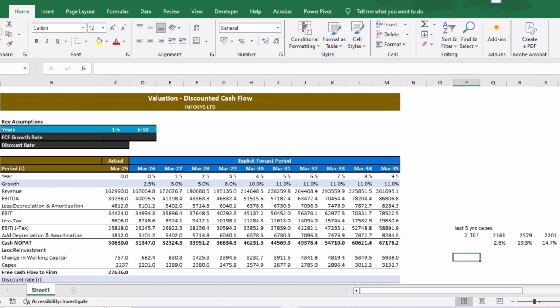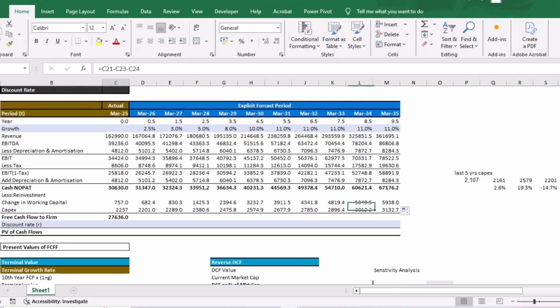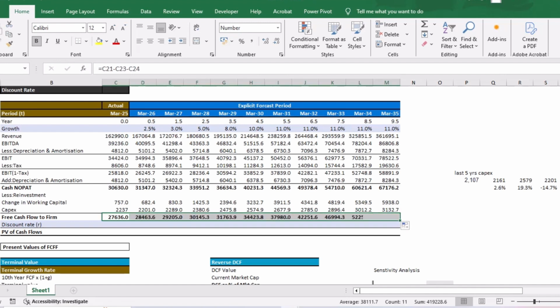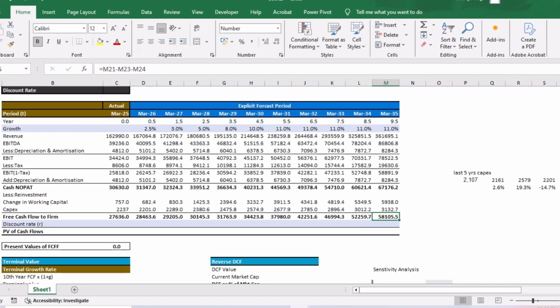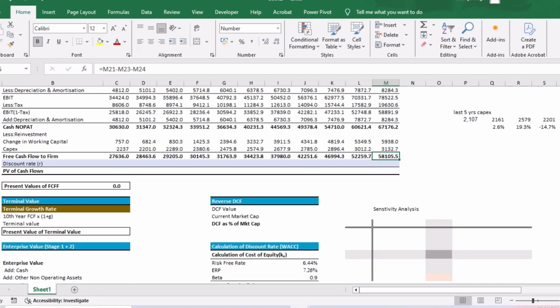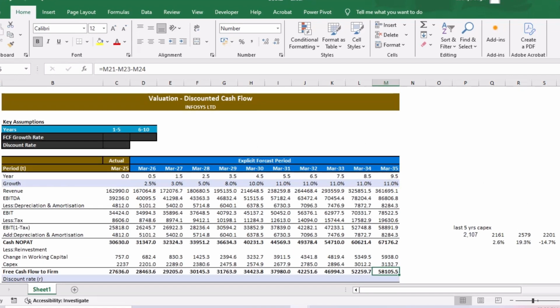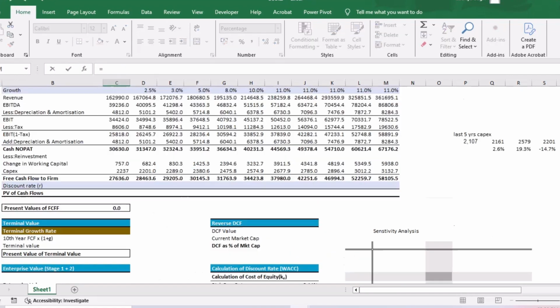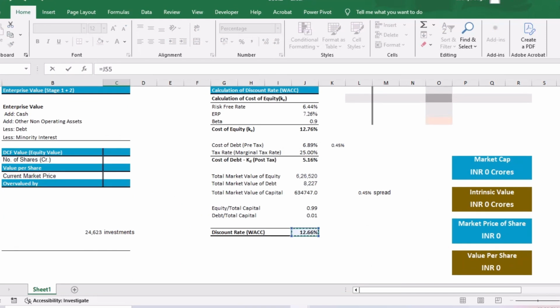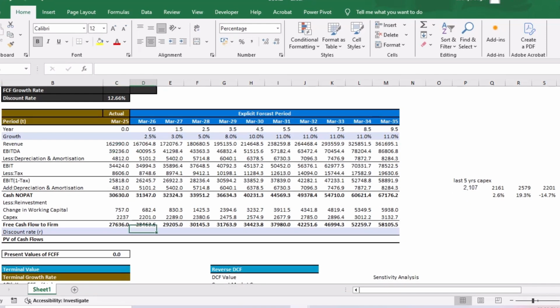Okay, all right. We are about to arrive at that figure. Now we need a discount rate. So I will link it for our future references. This is our discount rate.